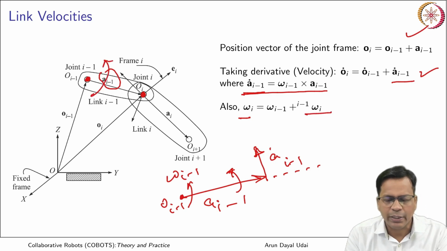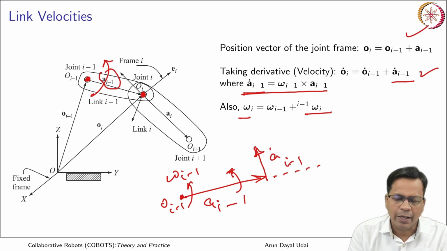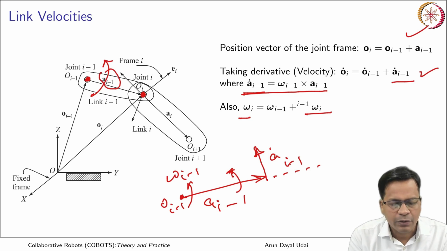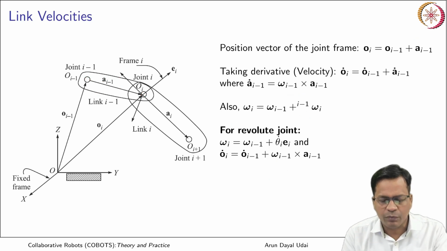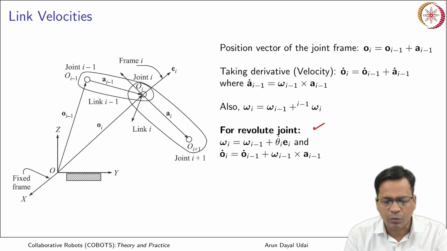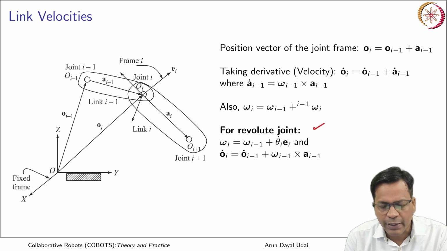So, this is the joint angular velocity, that is angular velocity of i with reference to i minus 1, and omega i minus 1 is the angular velocity of frame Oi minus 1 till here and this. So, this can be written as this. So, now if I put them in the revolute joint, it comes out to be this. So, omega i is equal to, it is exactly this equation, omega i minus 1.